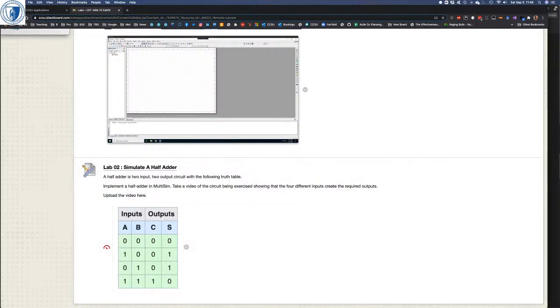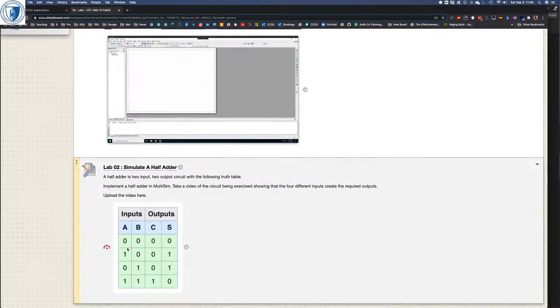I basically want you to implement a half adder in multisim, and what I want you to do is take a video of the circuit being exercised showing the 4 different inputs, right?